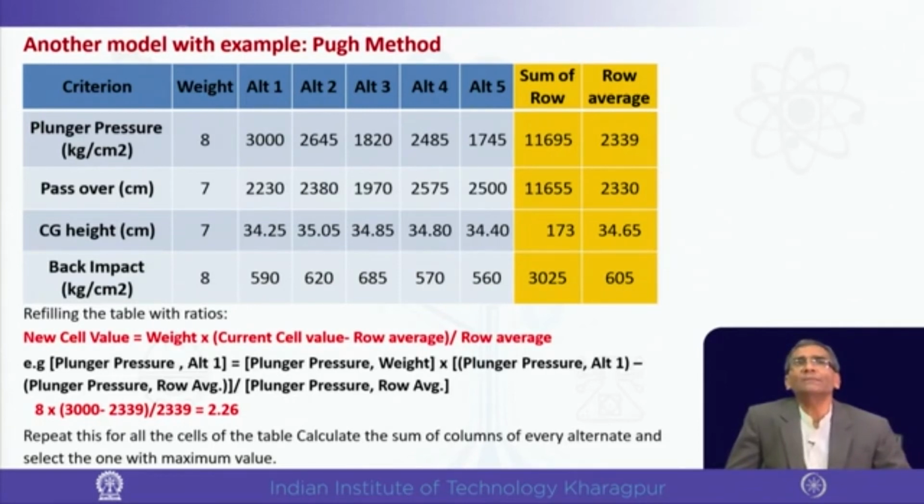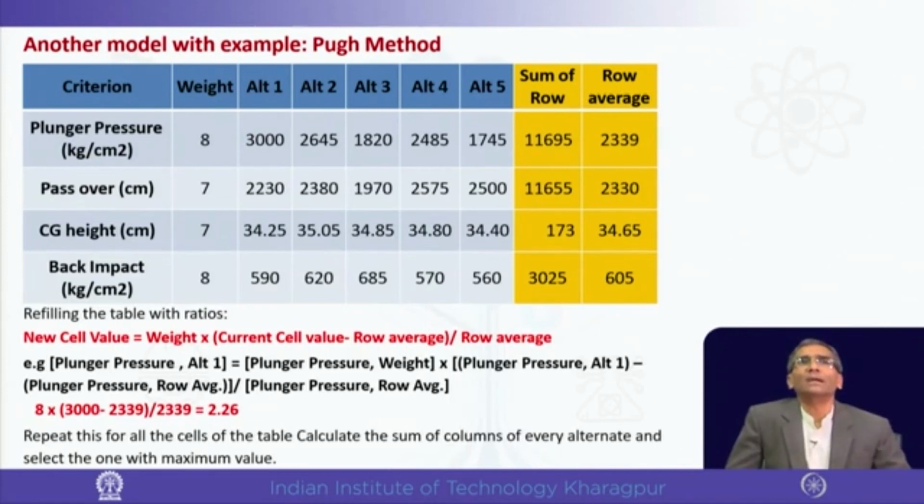Suppose these are the 4 criteria here, on the left hand side, and as I said that the weightages can also be different, that is why I have kept an example of a 1 to 10 scale weight, and these are weights at say 8, 7, 7, 8 etc. It could be different also. Now, what you see, there are again say 5 design alternatives.